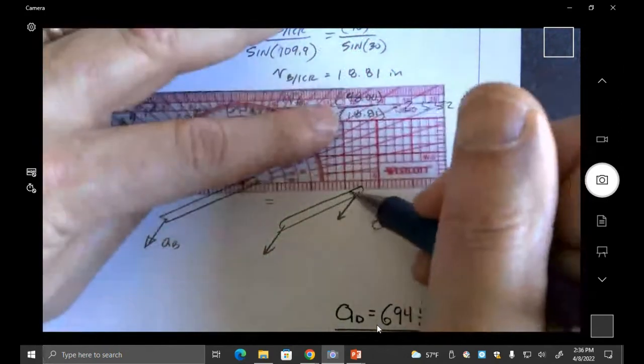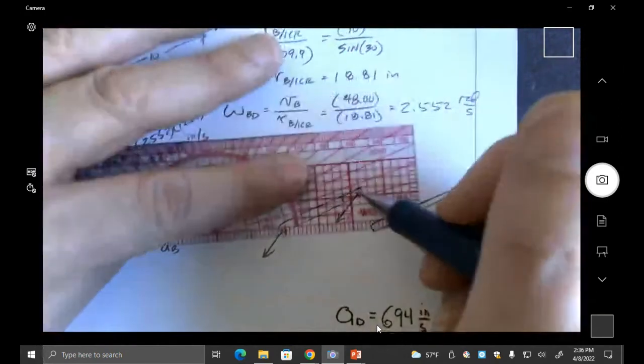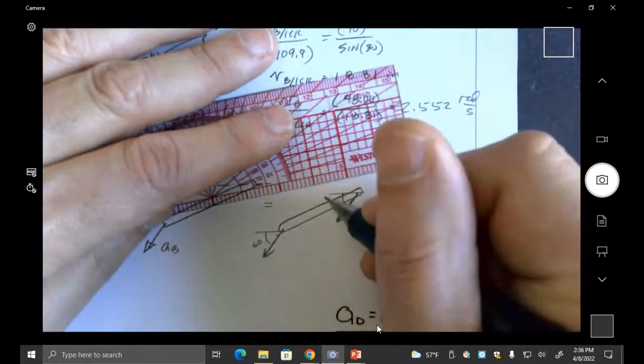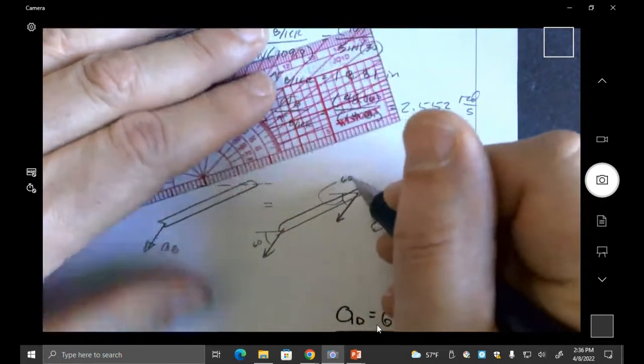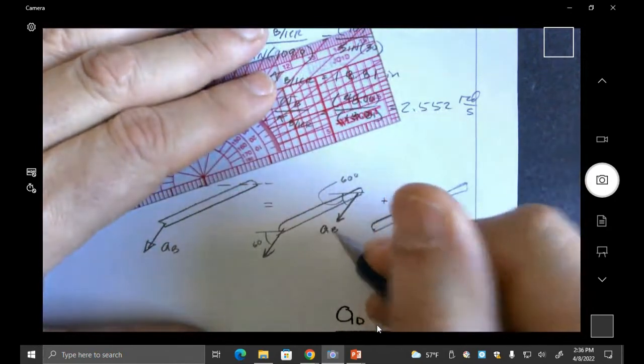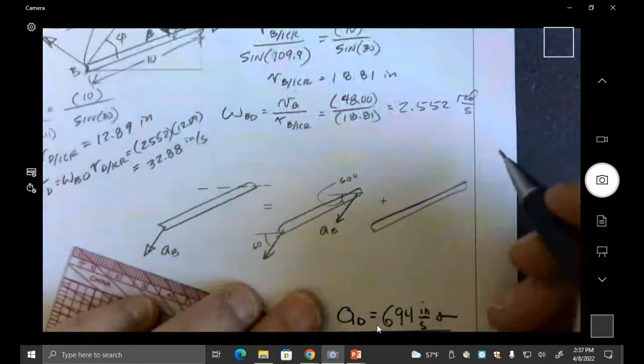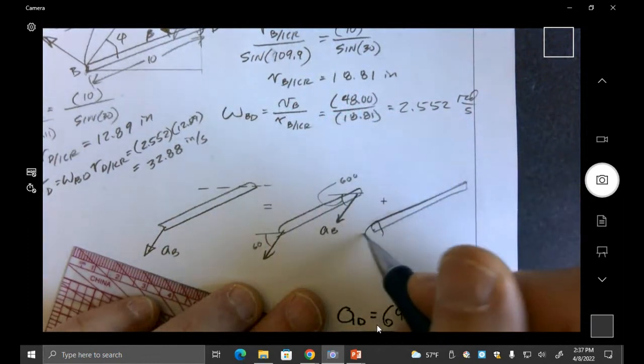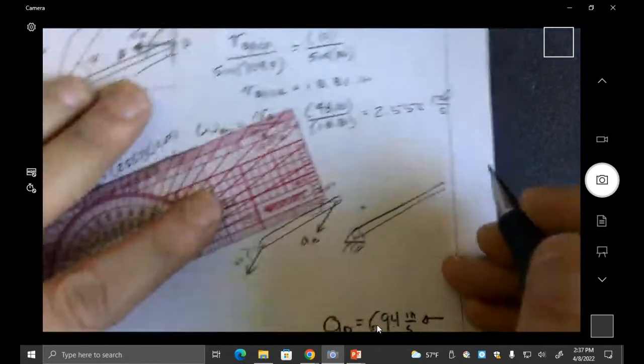Where's the angle on this? Sorry, the angle should be right there. That should be 60 degrees. Acceleration of B. And because we're using this, yep, that's the reference.